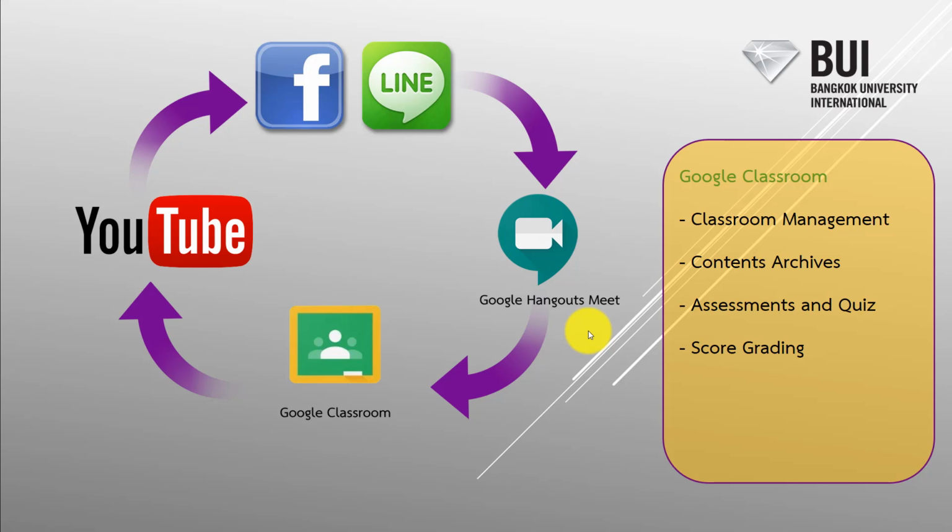The third group of software is Google Classroom. If you have a Google account, you just log into your Gmail account, and then you can activate it, just the same as Google Hangout and Meet. For Google Classroom, I use it to manage the class.